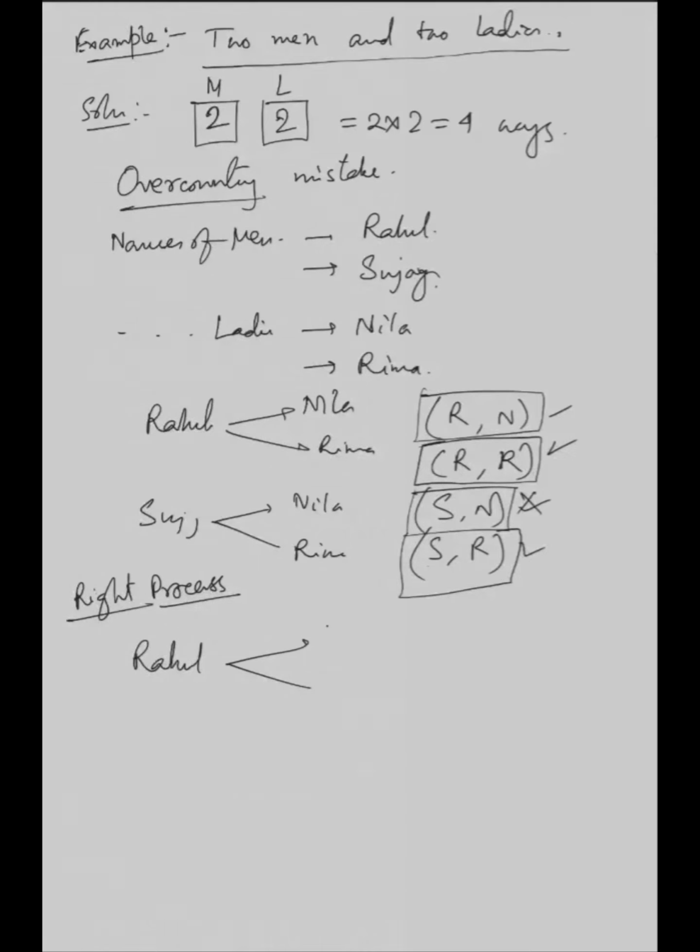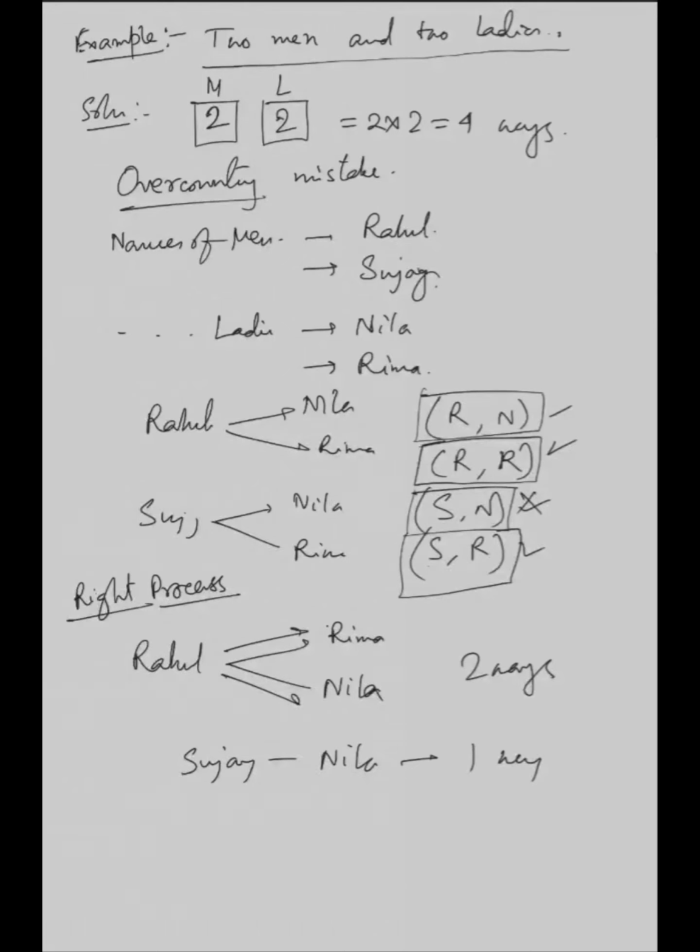Rahul can marry Rima or Neela. So two ways. If Rahul marries Rima, Neela is left, so Sujoy has to marry Neela. If Rahul and Rima are married, only one option is there.